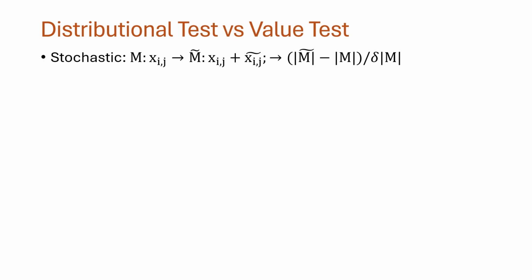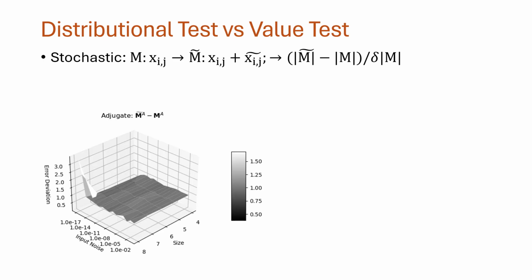And we can use a stochastic method to calculate the determinant. And then the determinant is calculated using StatisticalTaylorExpansion. Then we calculate the result error deviation as shown here.